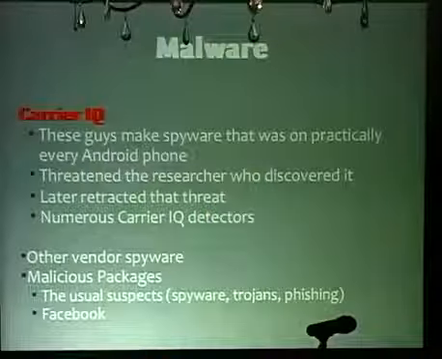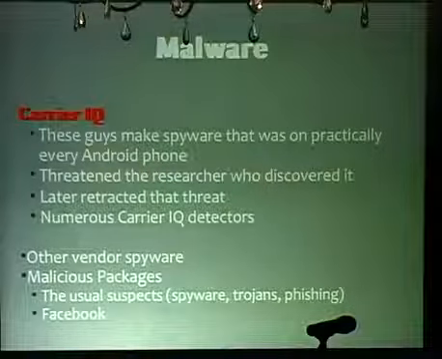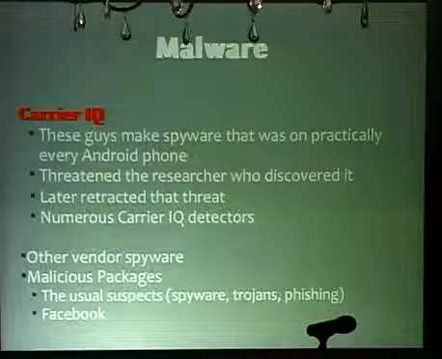And then, of course, everybody heard about it, and it got a lot of media attention, and Carrier IQ said, oops, never mind, that's okay. We're just a friendly company, and you can leave that up. We don't mind, because we have nothing to hide anymore. So there's a bunch of Carrier IQ detectors out there, and I had the name of one of them, and I don't have it anymore.